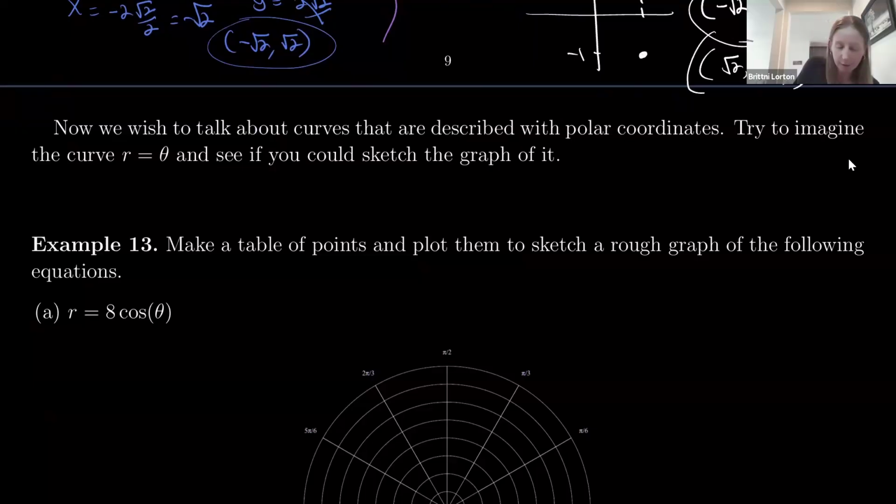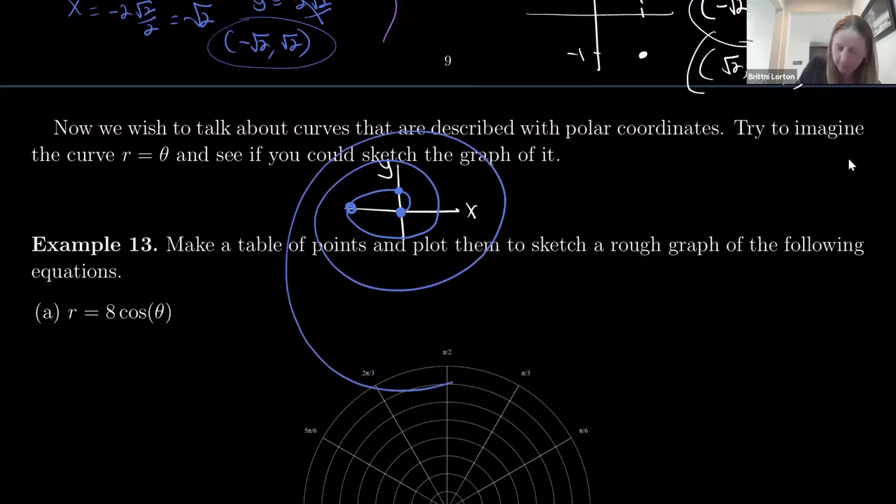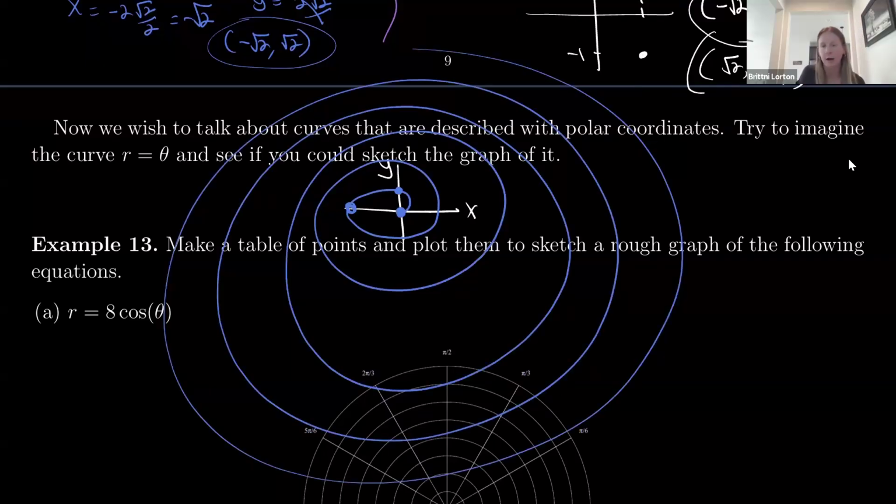If I'm facing the angle of 0, I've gone 0. If I'm facing the angle of pi over 2, then I've walked 1.5. If I'm facing the angle of pi, then I've walked 3.14. And you can see that it's just going to get bigger and bigger and bigger.